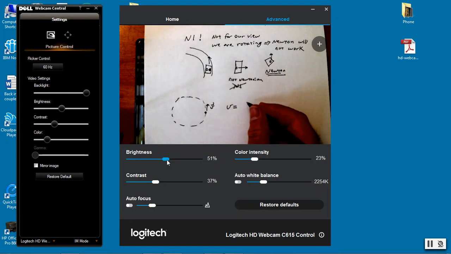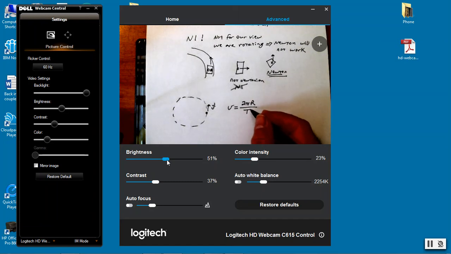Well, we don't know anything about that speed, but we can think about the radius of the orbit, and 2 pi r times that, which is the circumference of the orbit, divided by the period. That would be the speed. It goes one circumference in one period, so that will be the speed.